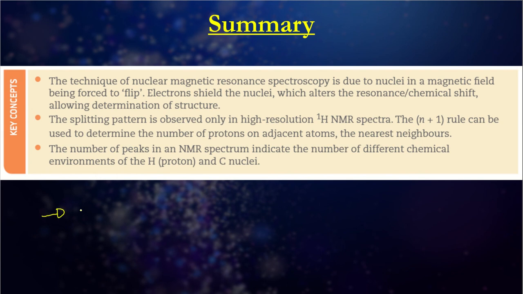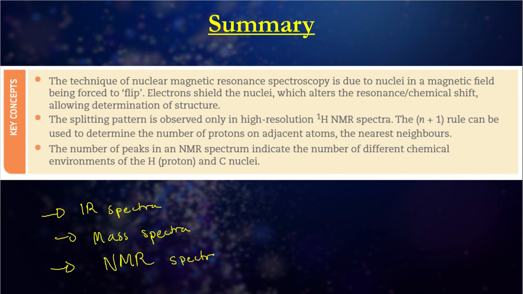But remember, when it comes to infrared spectra, mass spectra, and then obviously lastly our resonance, each and every one has their own specific points where they're better than the other. Infrared is great for functional groups.